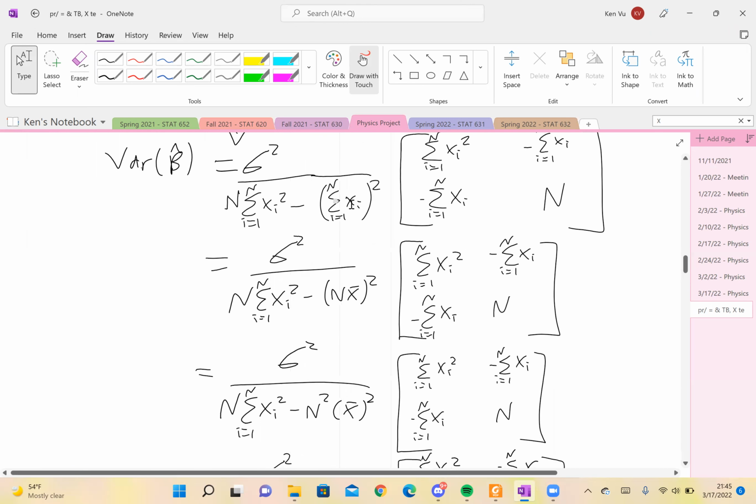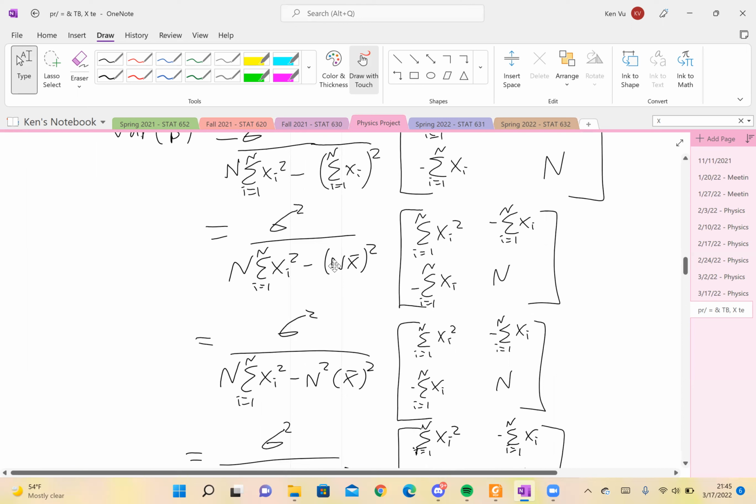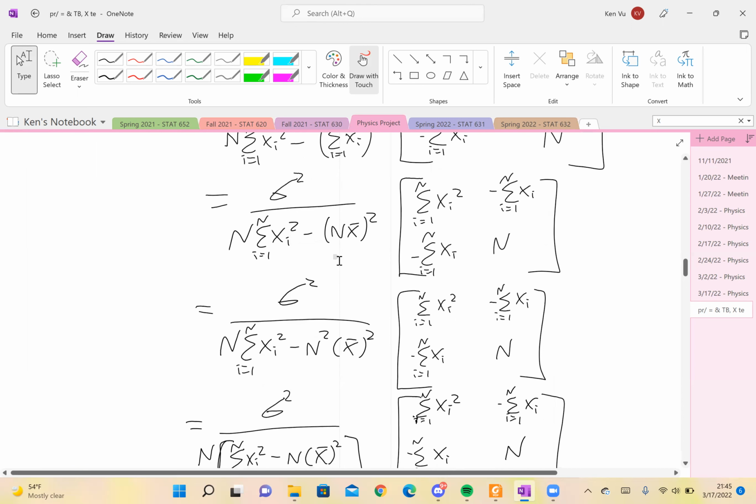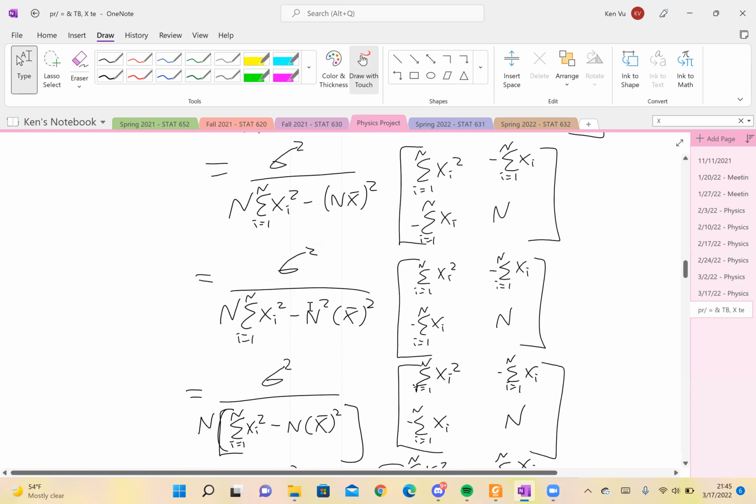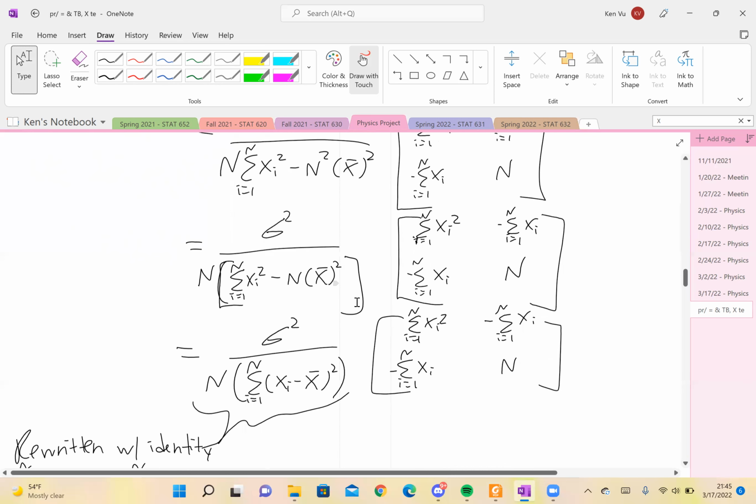Just for the denominator, you'll get the square of n times the x bar. And then when you evaluate that, you'll get n times the sum of the squares of the x values minus n squared times x bar squared.